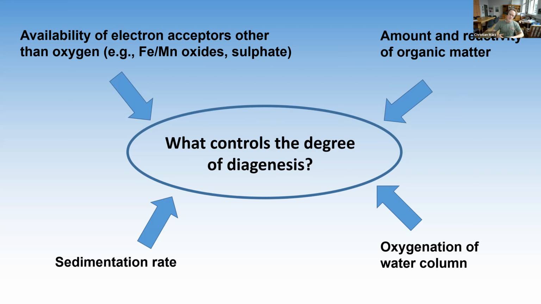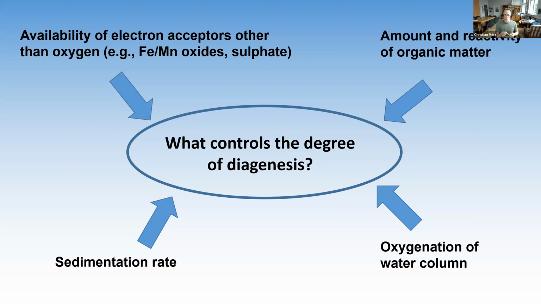Because early diagenesis is often driven by organic matter degradation, the amount and reactivity, so what type of organic matter is supplied to the sediment, really determines how much diagenetic processes you have going on. A lot of algal or bacterial organic matter really triggers the microbes, and you have very strong diagenesis. If it's mainly chopped up plant debris, maybe not so tasty for the microbes.